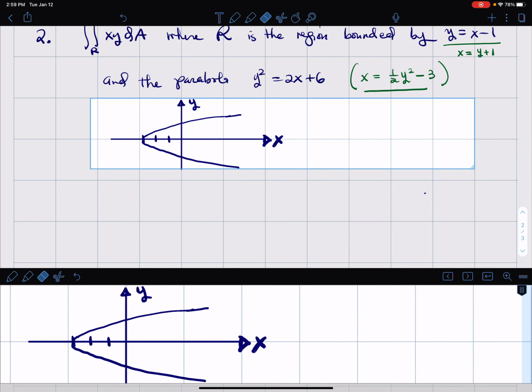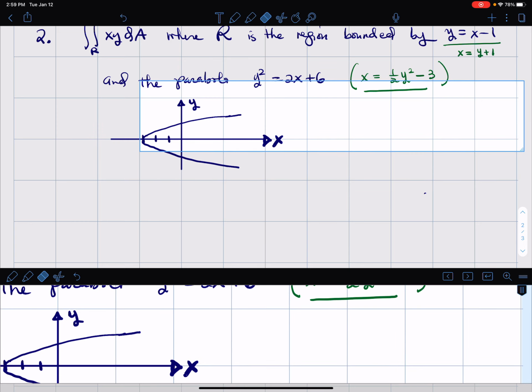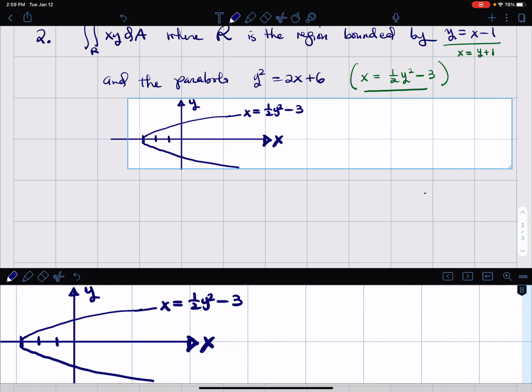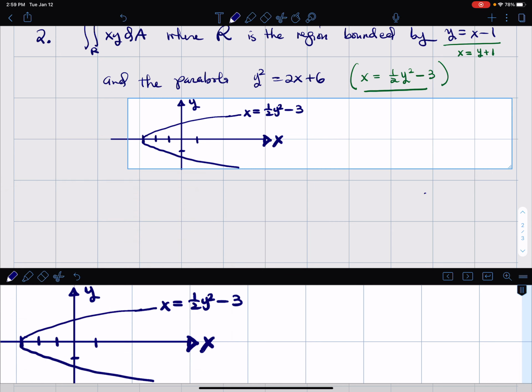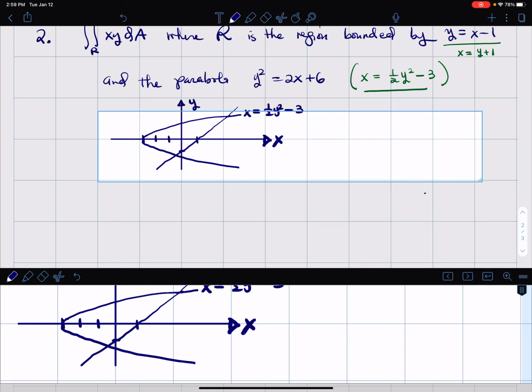All right, so now we can draw the function x equals 1/2 y squared minus 3. And then we can draw the next function, which is x is equal to y plus 1.